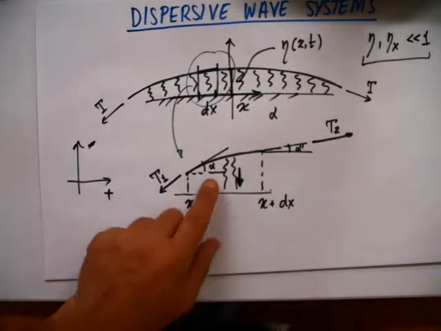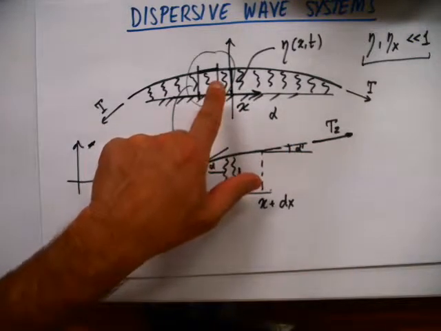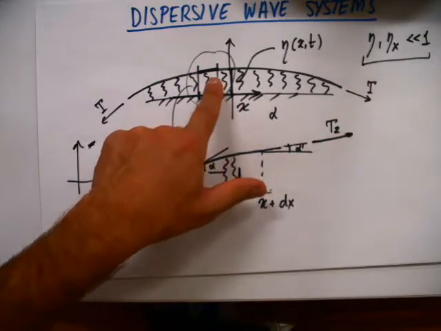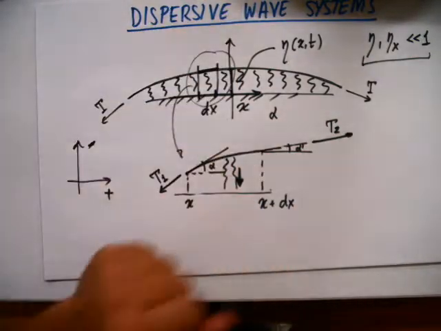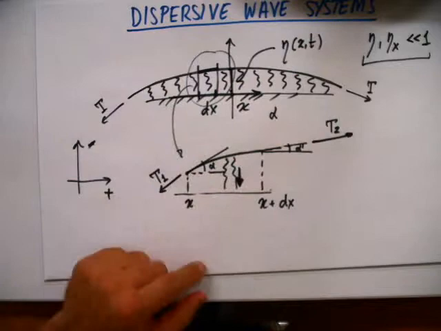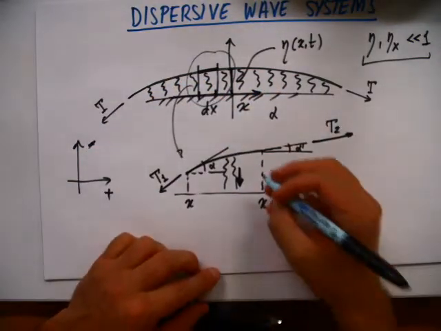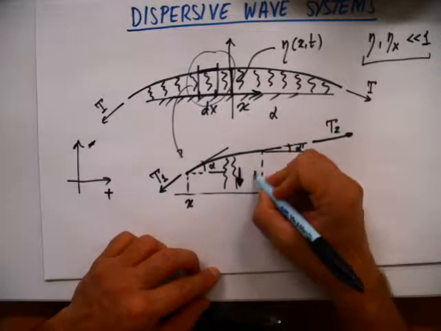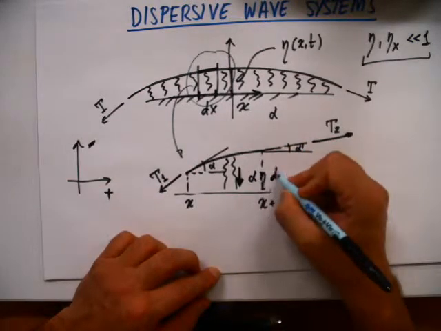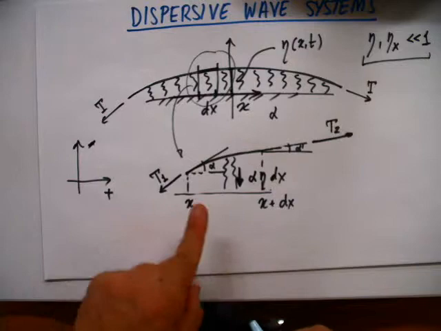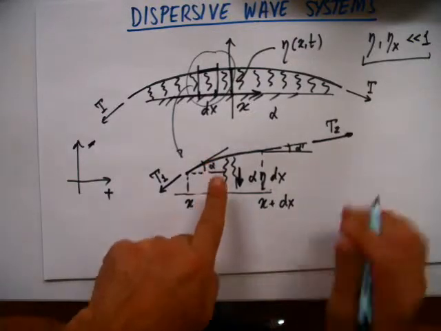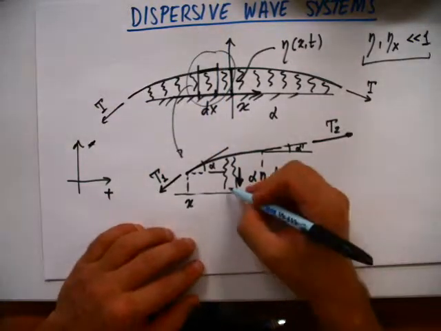So the string is displaced in the positive direction. So the action of this elastic spring will be with a force going downward, which has an amplitude alpha eta dx. But then if the string is also accelerating in the positive direction, there will also be an inertial force.